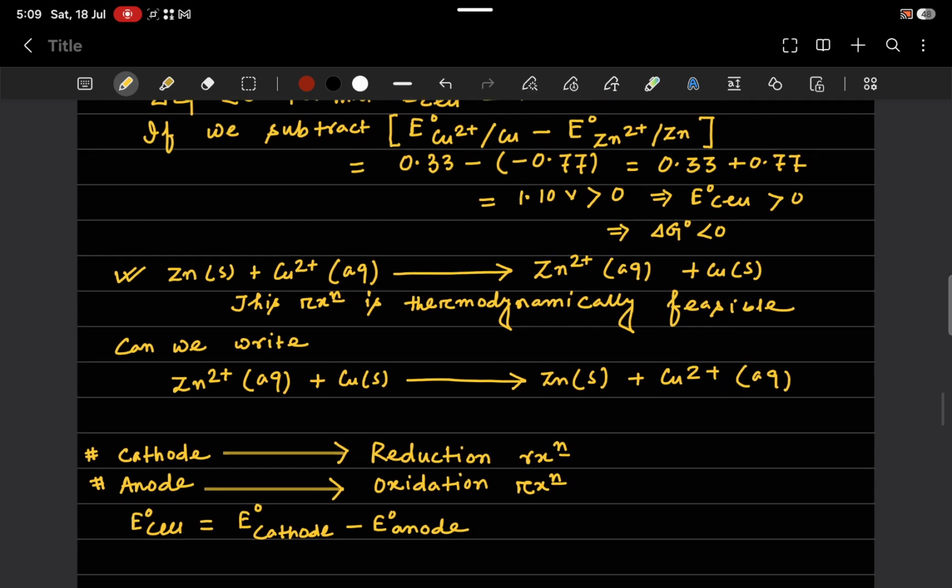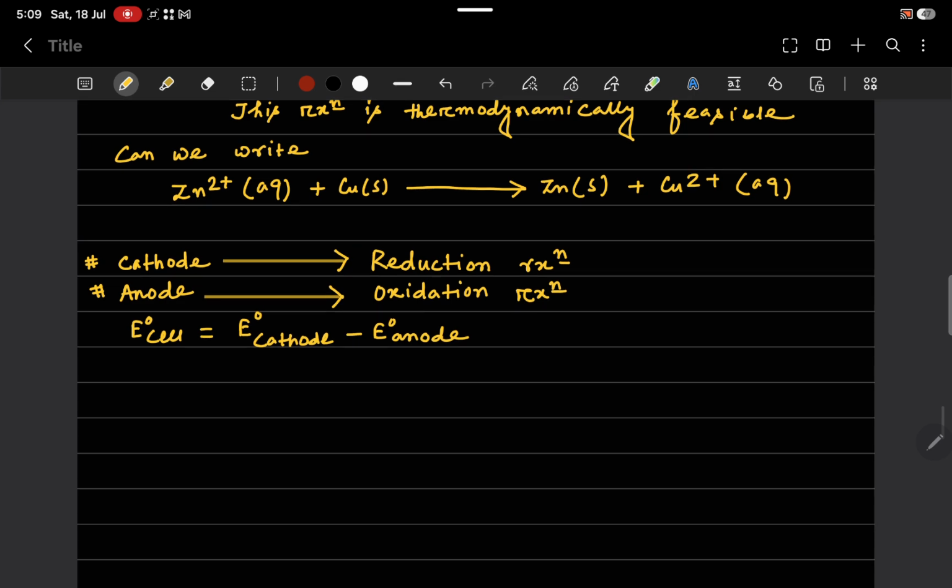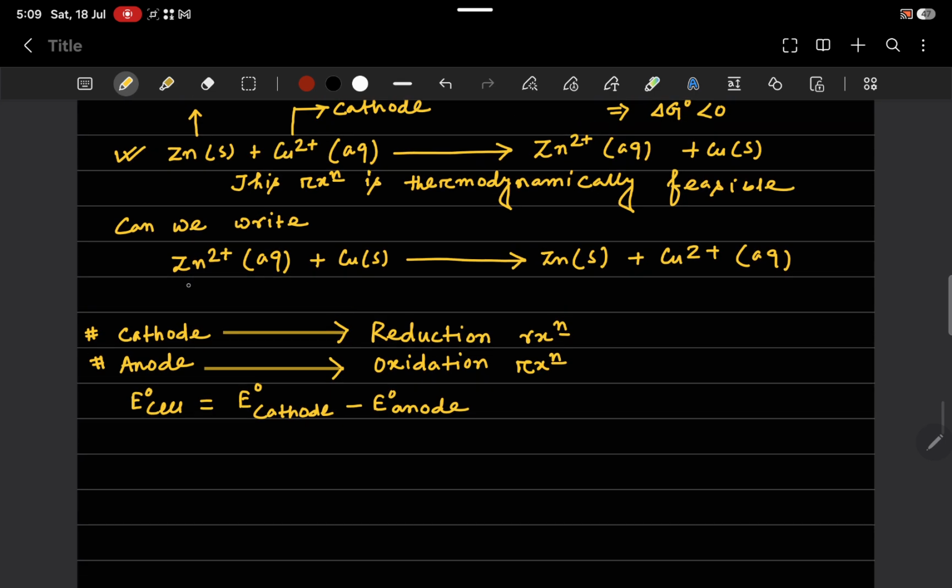If we keep zinc solid, that means this species is getting oxidized, zinc is getting oxidized, that means it is anode, and copper is getting reduced, that means it is in cathode. Okay, let's say here for this reaction E0 cell, I have told you already, cathode minus anode.